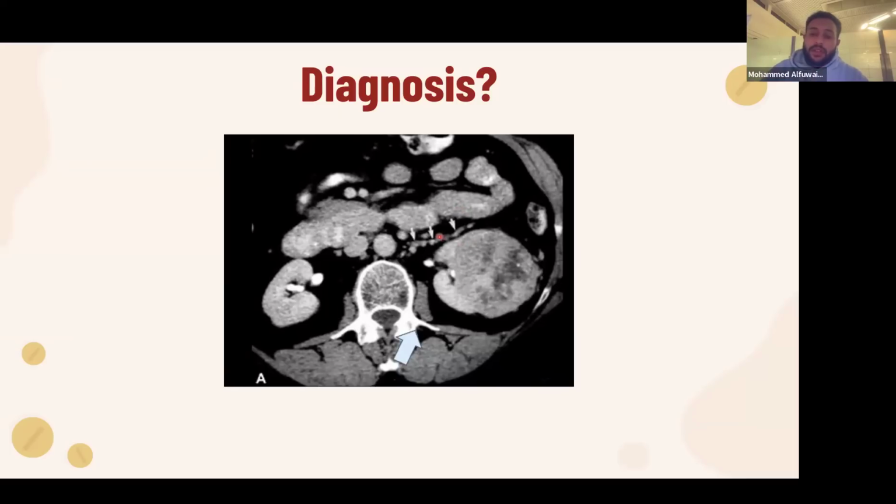So when it goes to the venous system and blocks the left renal vein, what vein will be dilated afterwards? Because of obstruction of the left renal vein, the left gonadal vein. So in this case, it will cause varicocele. So if you have a patient with these signs of RCC, which is the flank pain, painless hematuria, and whatnot, with a varicocele, you suspect RCC.